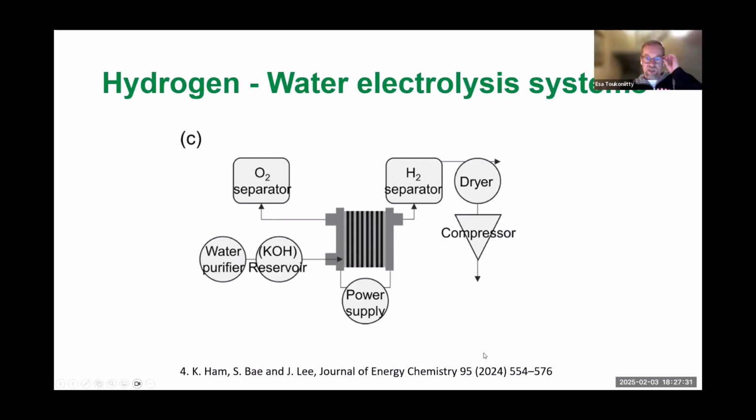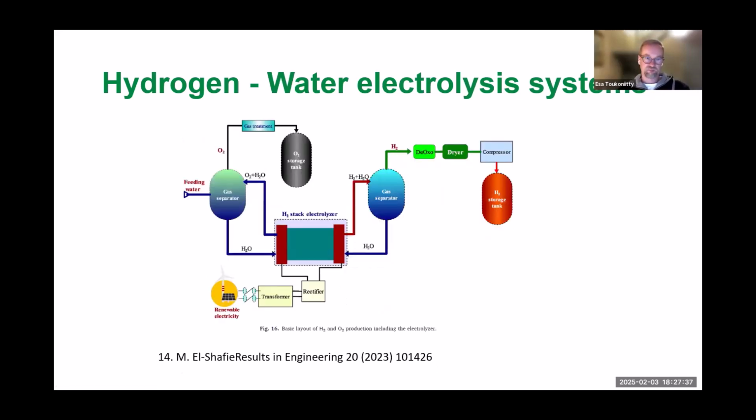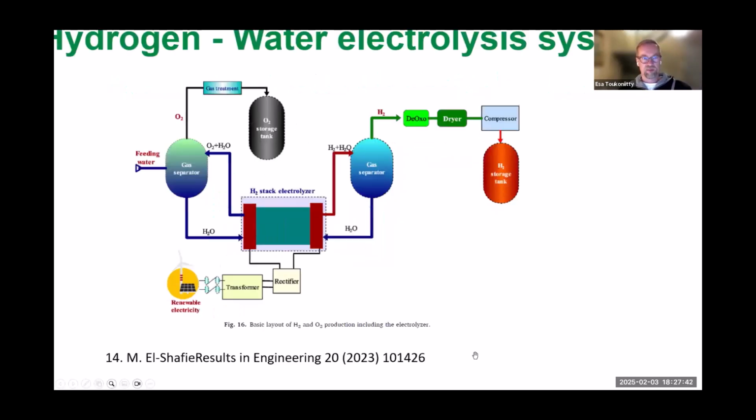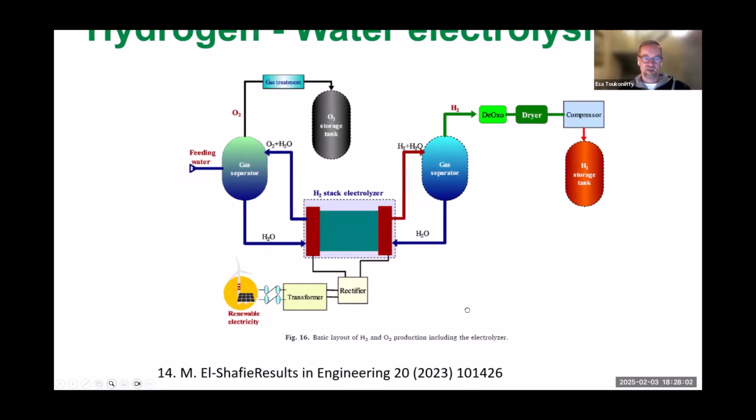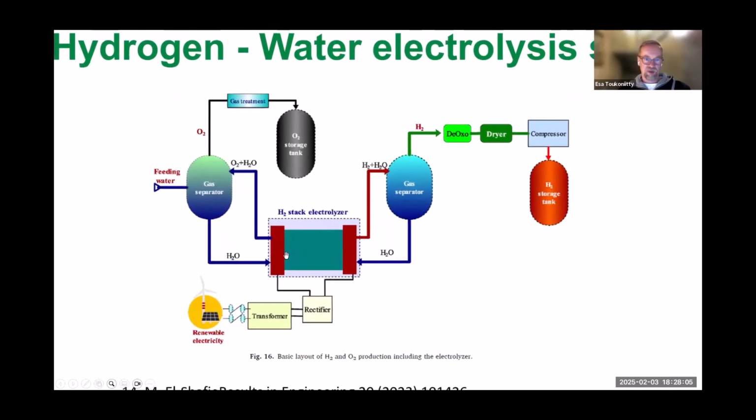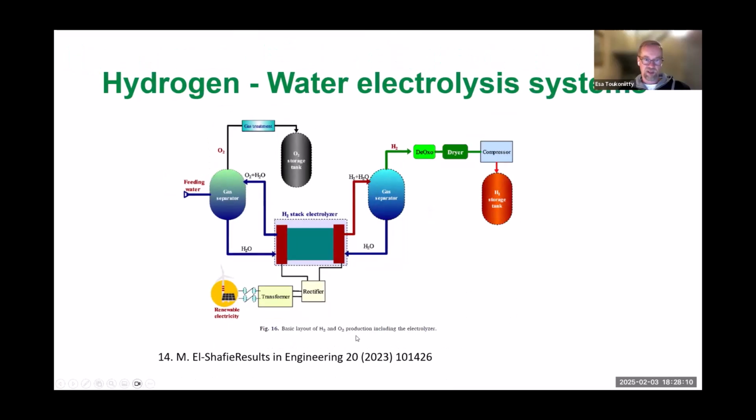Here also is compression, because it's a gaseous material. This is a bit more detailed scheme, but it basically tells the same things with a few more details. The electrolyzer, where the chemistry happens, is here in the very center, and then here are separation units and also some other things. But it's not only about the electrochemical cell or electrolyzer cell, there are various other elements that are needed.